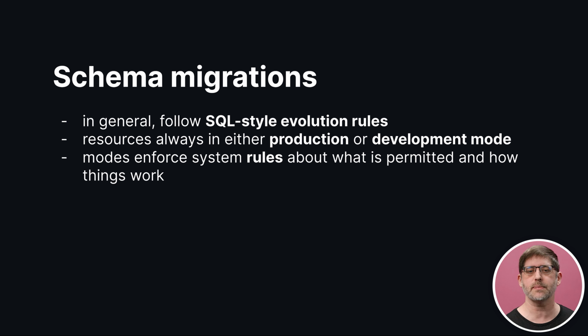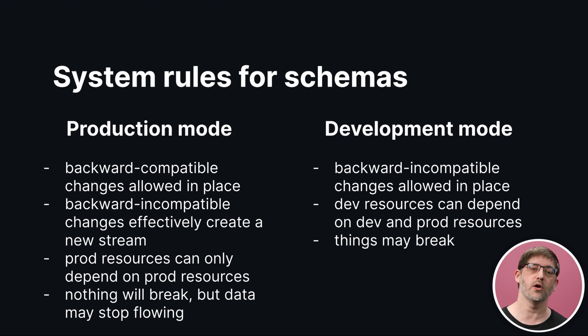And these modes wind up enforcing a bunch of rules that the system can use to understand what's permissible and what's not. So in production mode, backward compatible changes are allowed to happen in place. So you can add a non-nullable field or a field with a default to a stream, for instance, but backward incompatible changes effectively create a new version of an output stream.